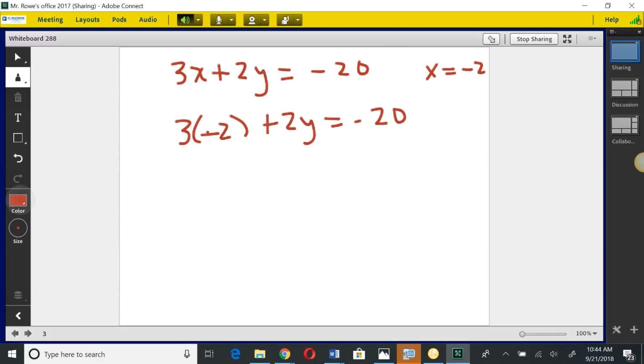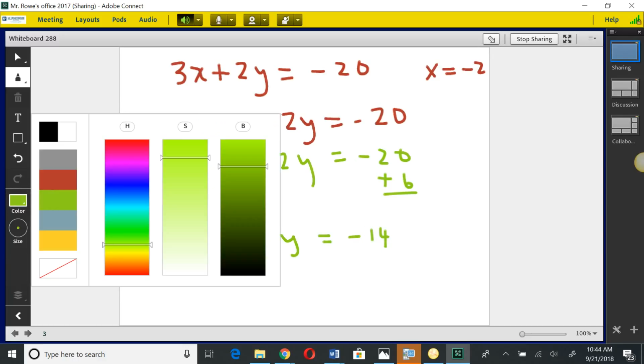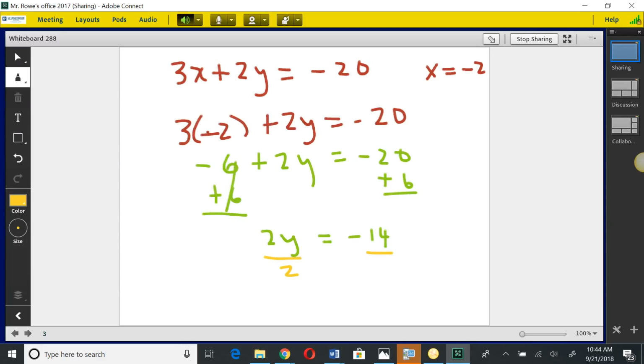And now we're just going to solve for y. Add 6 to each side. And if we divide by 2, we get the value for y, which is negative 7. So the final answer here is going to be negative 2, negative 7. And you can check and verify to make sure that it works in both equations.